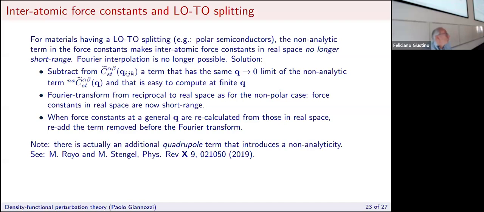So what is done, you have to simply subtract out a function of q that has the correct limit at q equals 0 and has a reasonable form at finite q. Once you subtract out this non-analytic term, what is left is short range, so you can perform the Fourier transform to real space and get short range real space force constants.